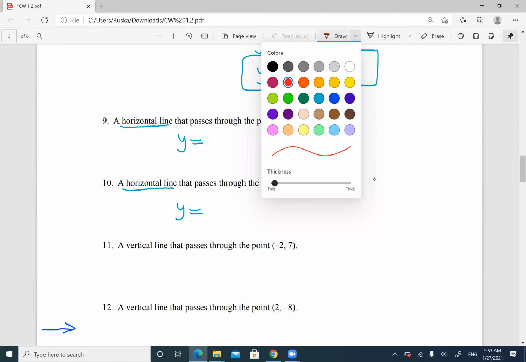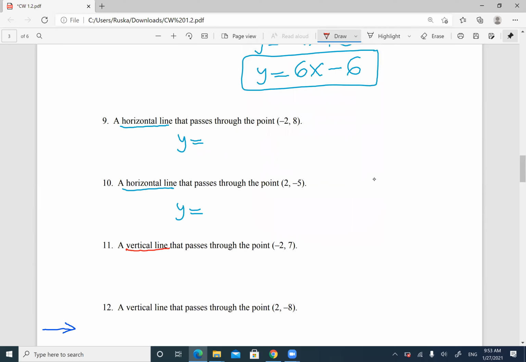The vertical line has equation x equals number. So for horizontal and vertical, you don't do anything technically. You're not finding slope, you're not finding b. You just write the equation straight away. Remember that. Horizontal and vertical, you can get the equation from one point.